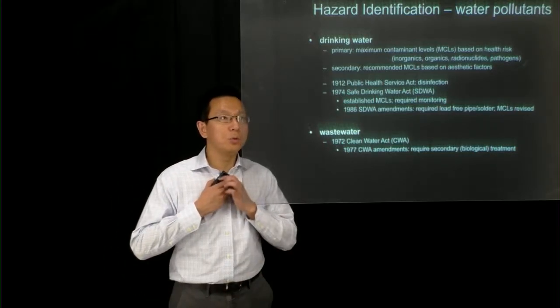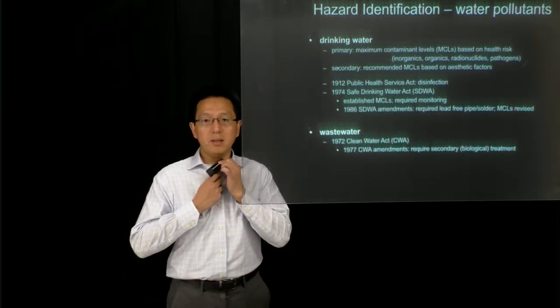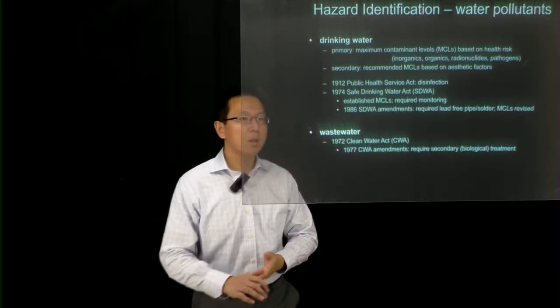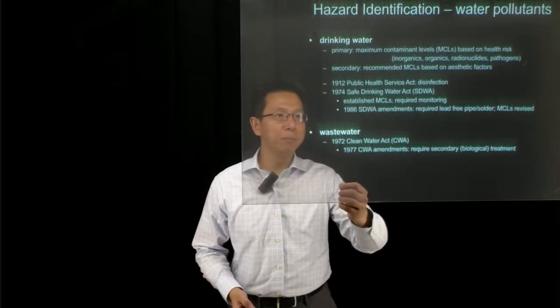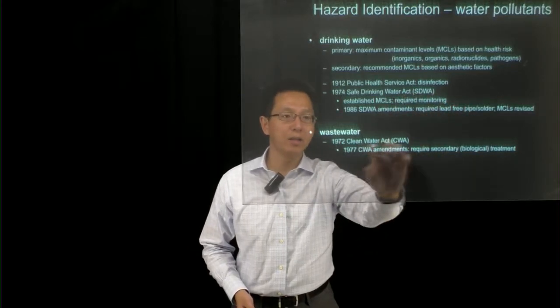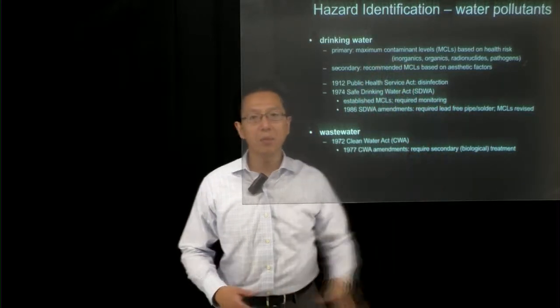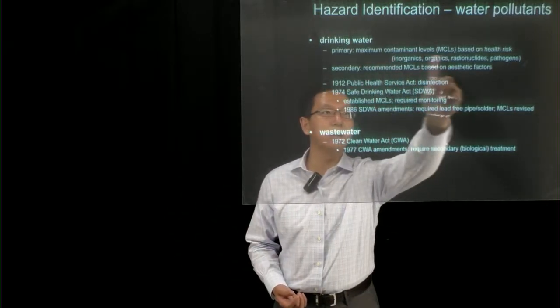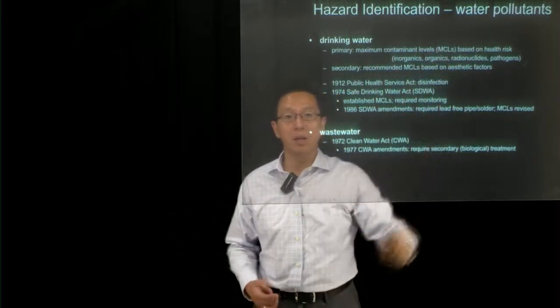We mentioned this previously. In water, the big ones are the Safe Drinking Water Act and the Clean Water Act. The chemicals of concern are listed in these, and they have maximum contaminant levels, MCLs. These were calculated based on health risks.